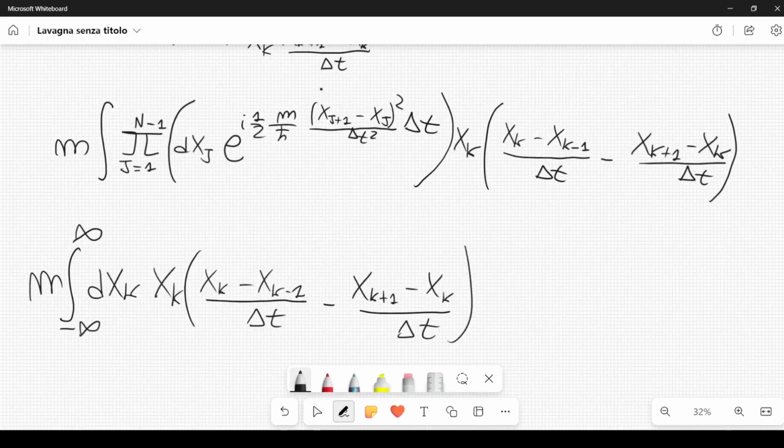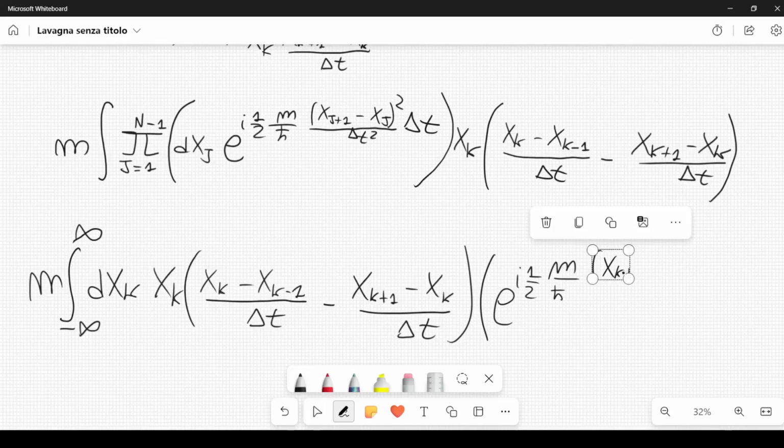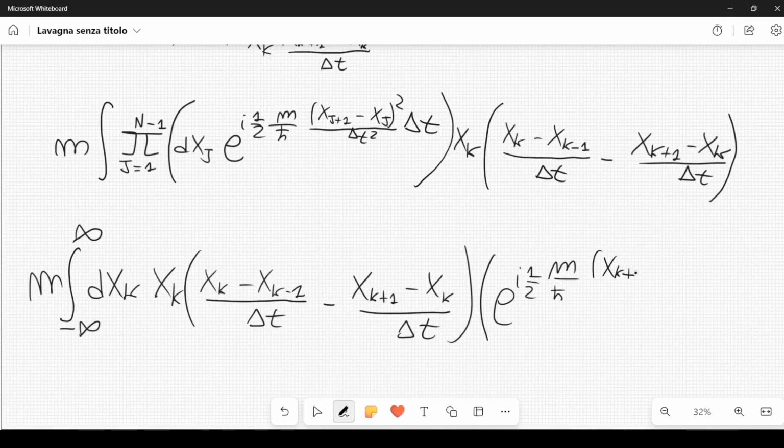Among all these products, I'm just going to consider e to the i, 1/2 m over h bar, times (x_{k+1} minus x_k) squared divided by delta t.